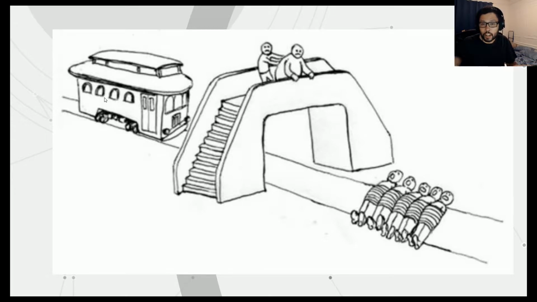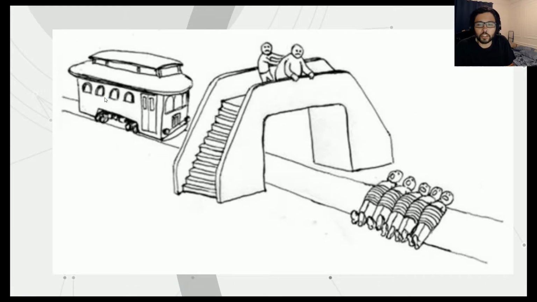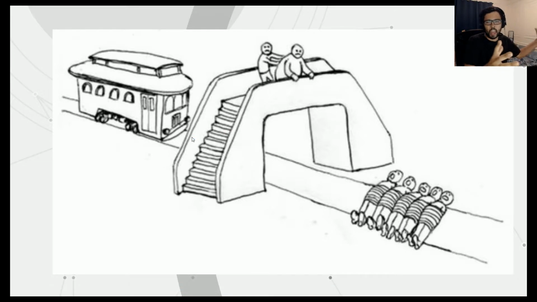And you're an engineer, and you are able to do the calculations really quickly in your head, and you realize that this man is just large enough that if you push him onto the track, he has enough mass to stop the trolley before it hits the 5 people. You're on a bridge and pushing him off the bridge, in the way of the trolley, and you can tell just from looking at it that it's enough so that the trolley stops before it hits the other 5 people. So do you push the fat man?